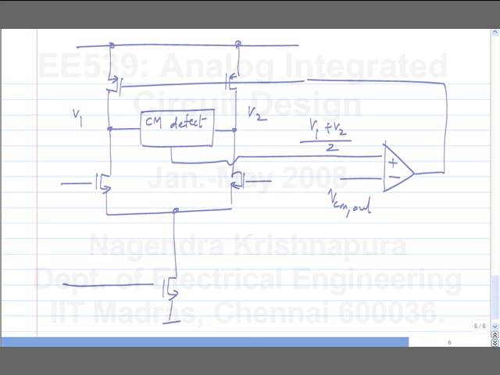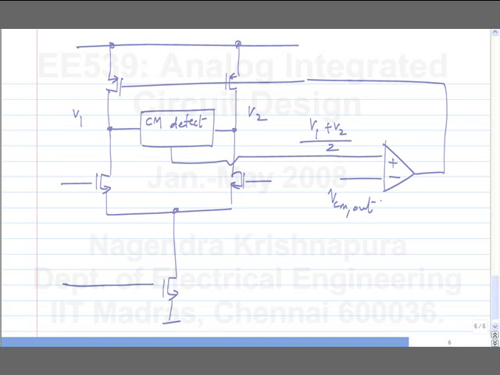In steady state, (V1 + V2)/2 will be VCM out. And what will be the differential picture? It should be the same as before. That depends on the common mode detect circuit a little bit. But let's see. Is this clear?